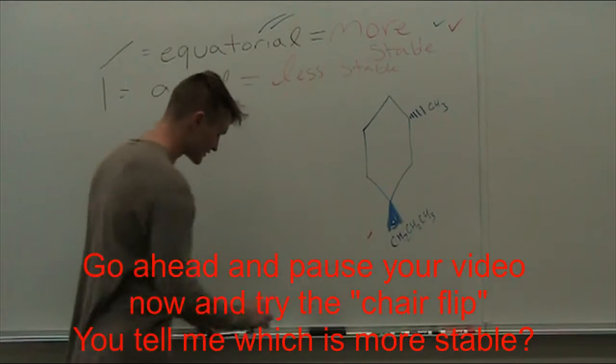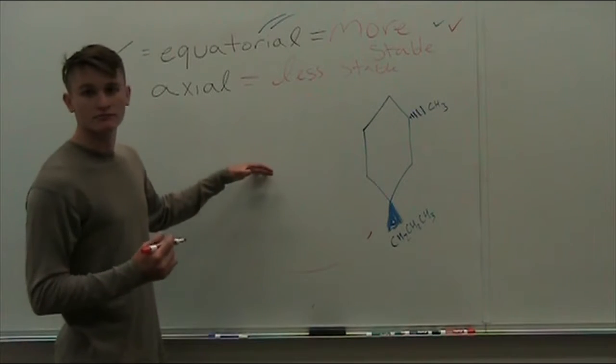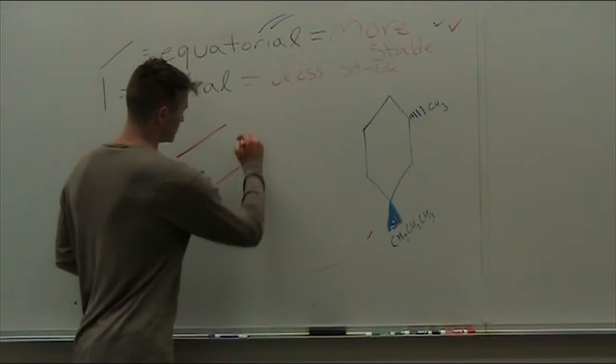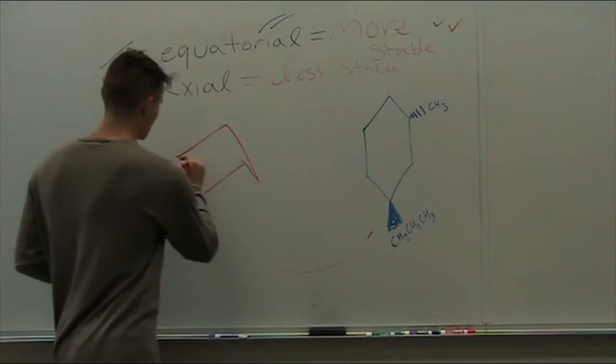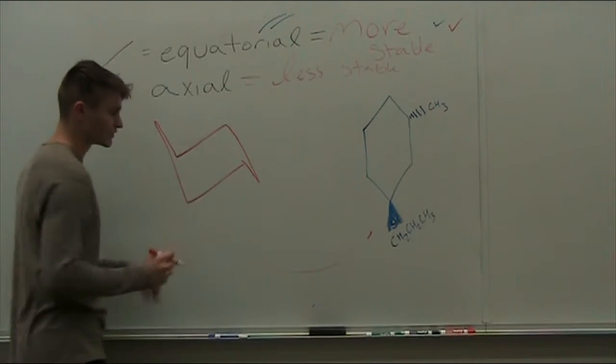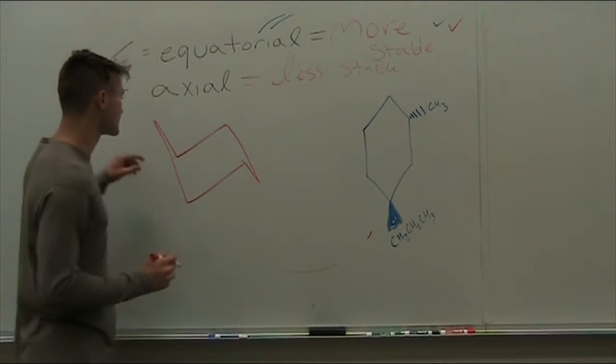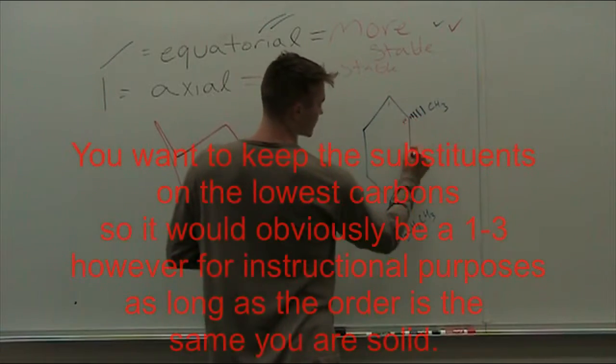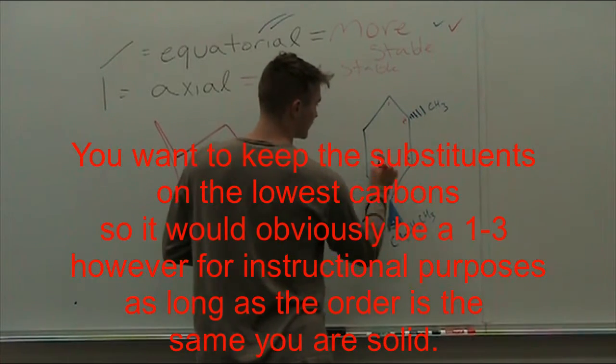So let's draw our first chair. I'm going to go up, so it goes down. If you want to learn how to draw this, go to our last video. So, let's say this is our 1 carbon, 2 carbon, 3, 4, 5, 6.